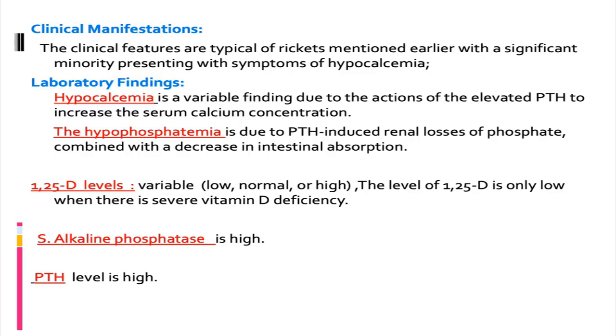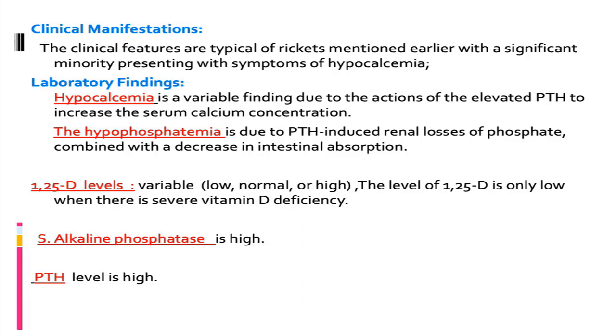Alkaline phosphatase is usually high, and parathyroid hormone is high. So if we compare the laboratory findings of rickets with a patient with hypoparathyroidism, as we mentioned earlier, we find the parathyroid hormone is high and alkaline phosphatase is high, while in hypoparathyroidism they are normal or low.